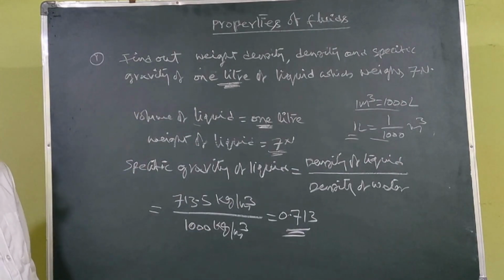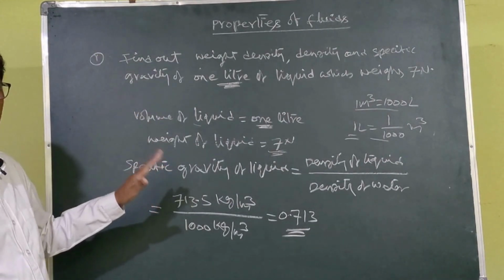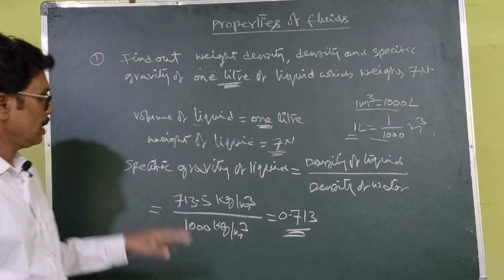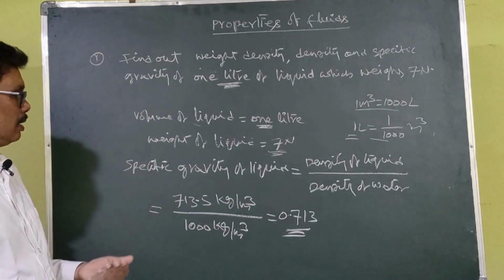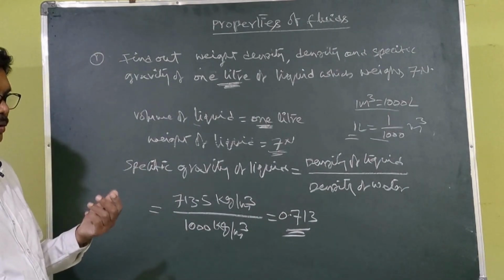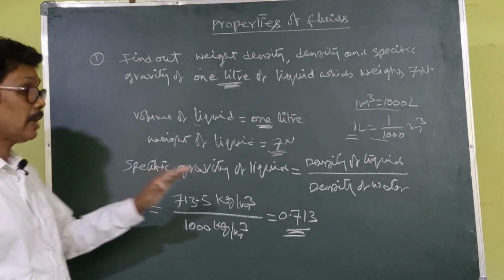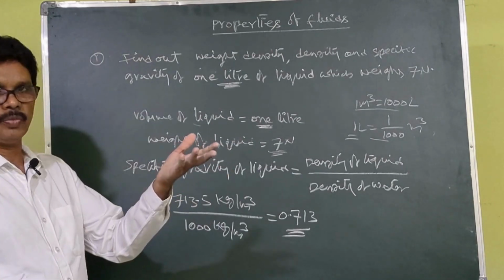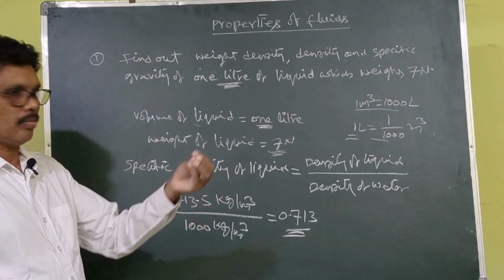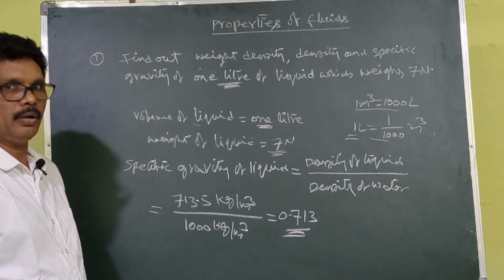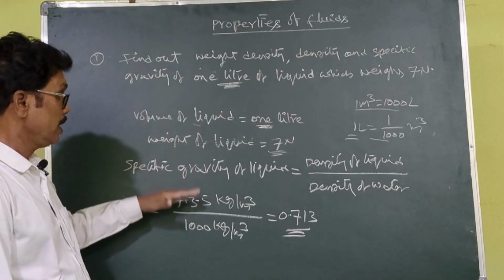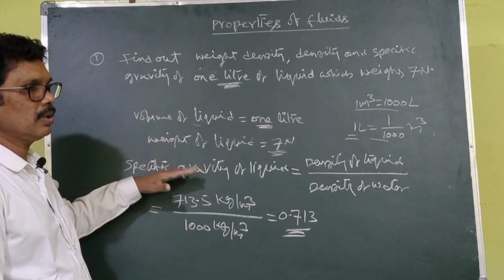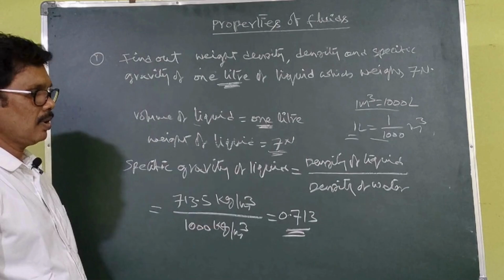That is the practical application. Such a liquid doesn't get dissolved in water; it will be floating on the water. Example, kerosene, cooking oil, they float on water because their specific gravity is less than 1, which means the weight density of that oil is less than the weight density of water.